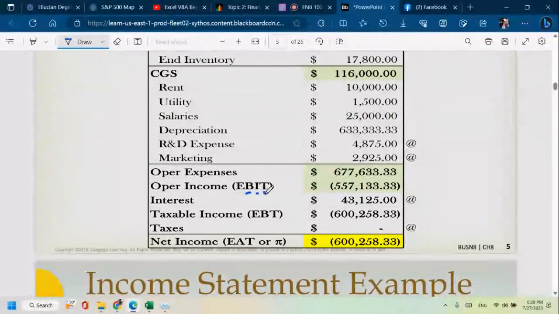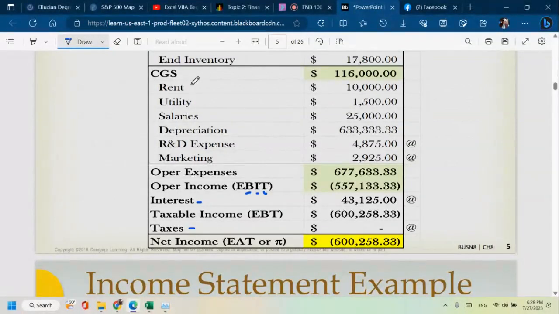Before interest, before taxes. It literally means it's the earnings or profit before paying interest and taxes. Okay.